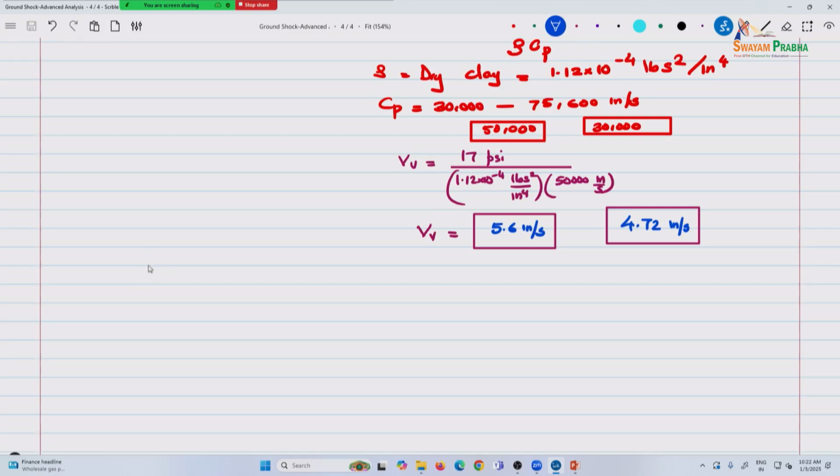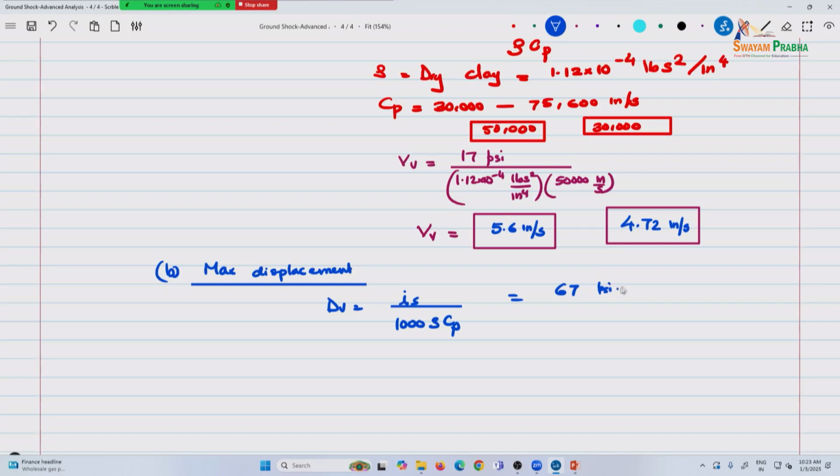The max displacement dV is Is divided by 1000 rho Cp, which is 67 psi milliseconds by 1000 multiplied by 0.00012 multiplied by 50,000 inches per second.